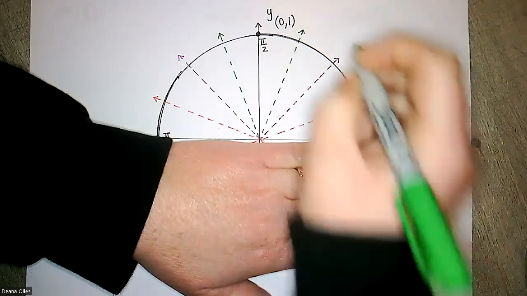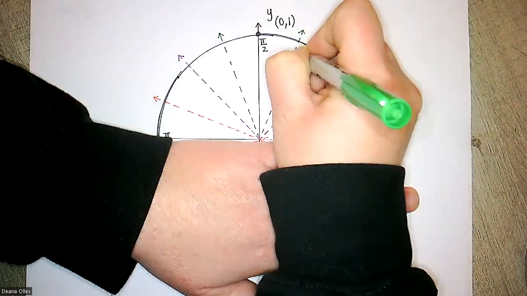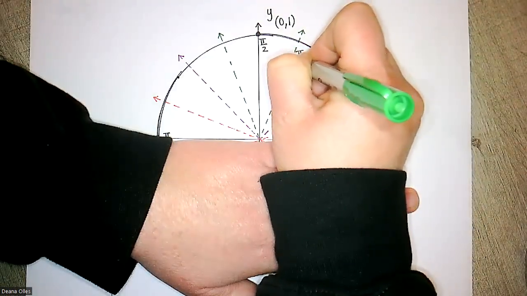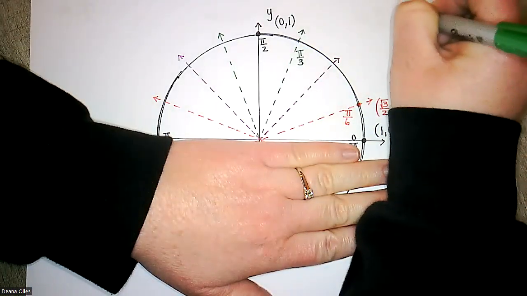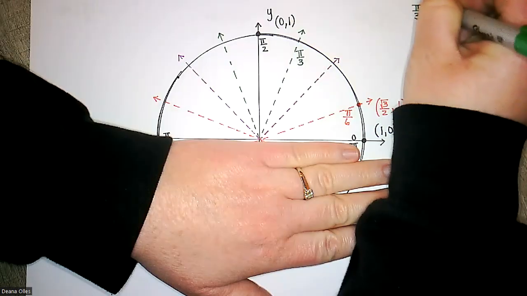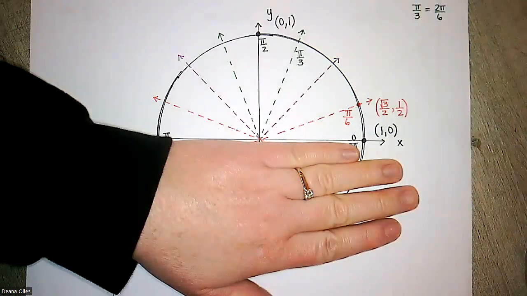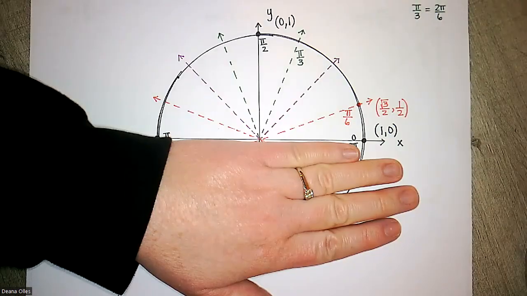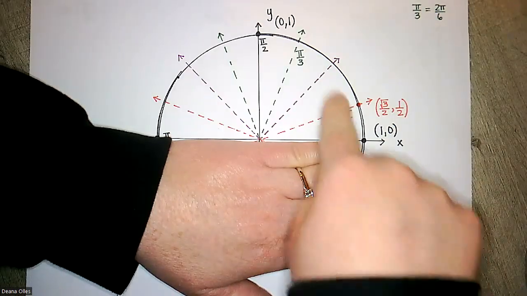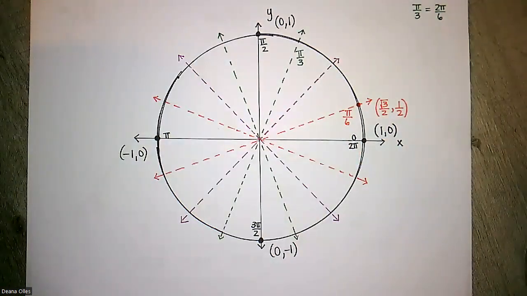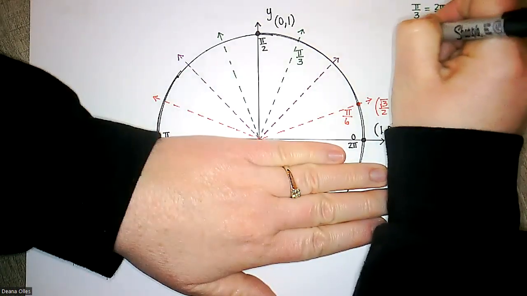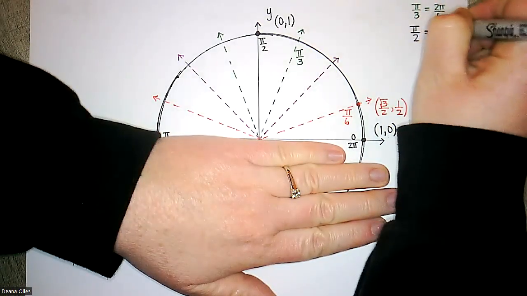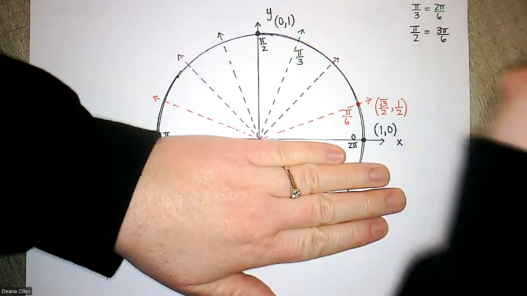When I get to pi over 3, that is the same thing as 2 pi over 6, so that's my second pi over 6. Then pi over 2 is the equivalent of 3 pi over 6s. If you reduce 3 pi over 6, you do get pi over 2.